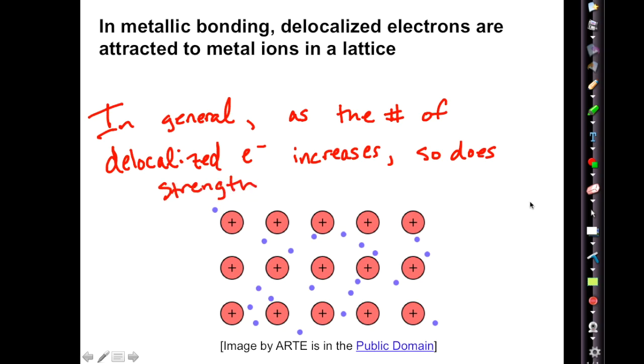So just something to think about there. You have more delocalized electrons, greater charge magnitude, greater attractive forces between the delocalized electrons and the metal ions in the lattice.